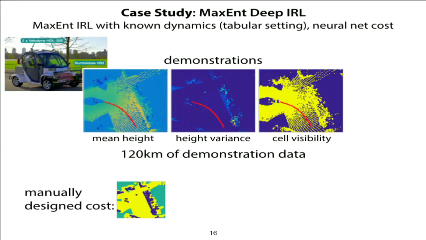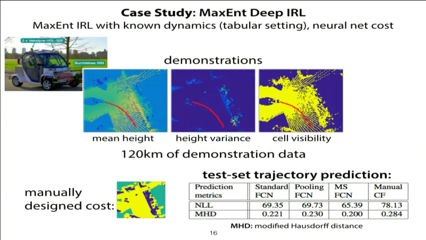And then they compared MaxEnt IRL with 3 different neural network architectures, standard, pooling, and multiscale, to this manually designed cost function. For the details, you can see the paper.